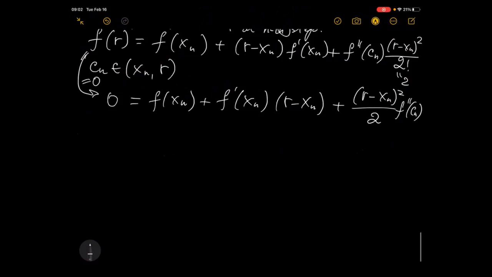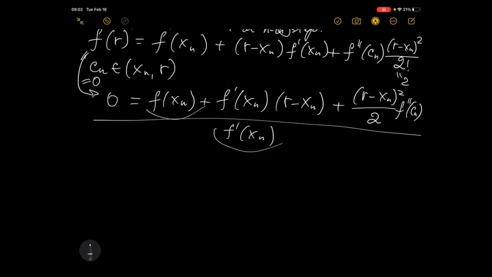So we can write it in the following way. I just divide all that by f prime at xn, and bring this term to the left hand side, and this is what I will get.